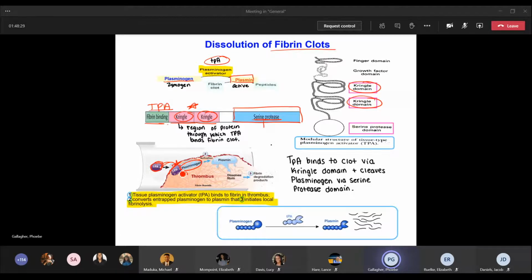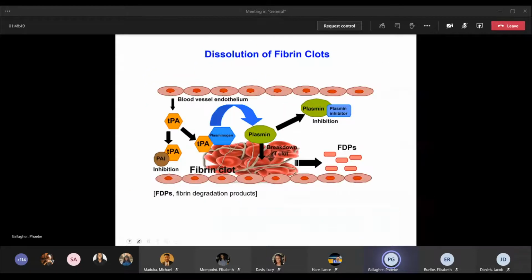And so TPA is going to find the plasminogen, cleave it using the serine protease, and then activate plasmin so that it can go and dissolve the fibrin. And so then you have the degradation of the blood clot. And this is just showing you a picture of that.